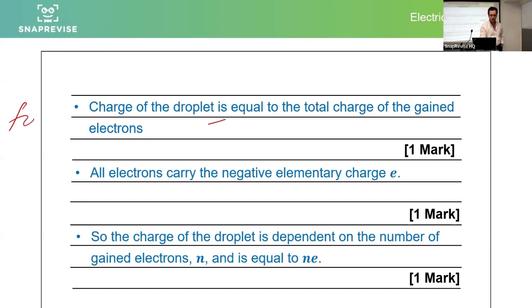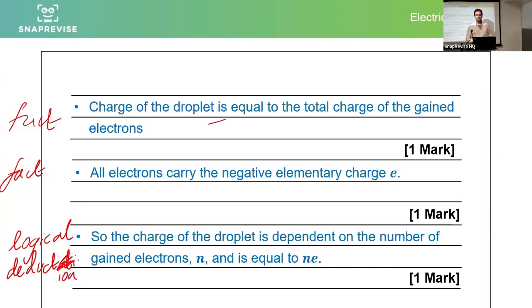So the pattern of a good 3 mark explanation is fact, fact, logical deduction. Or induction. I always forget the difference between those two. I'm not a logistician, or whatever they're called. Deduction. Okay. Therefore, the charge of the droplet is dependent on the number of gained electrons N, rather than some continuous variable.